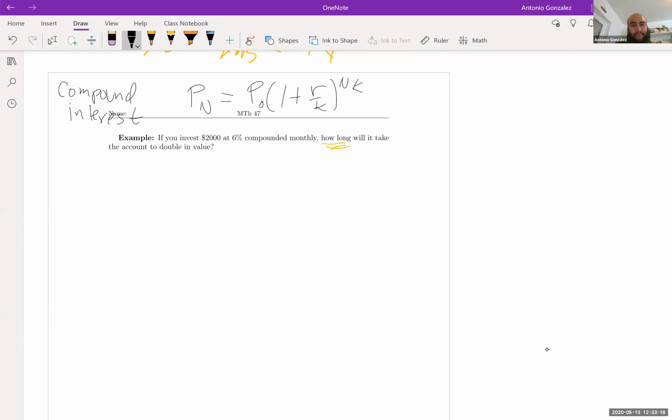Now P0 is the initial amount, and Pn is the amount after however many years. So I know my initial is $2,000. Right? What is Pn going to be?